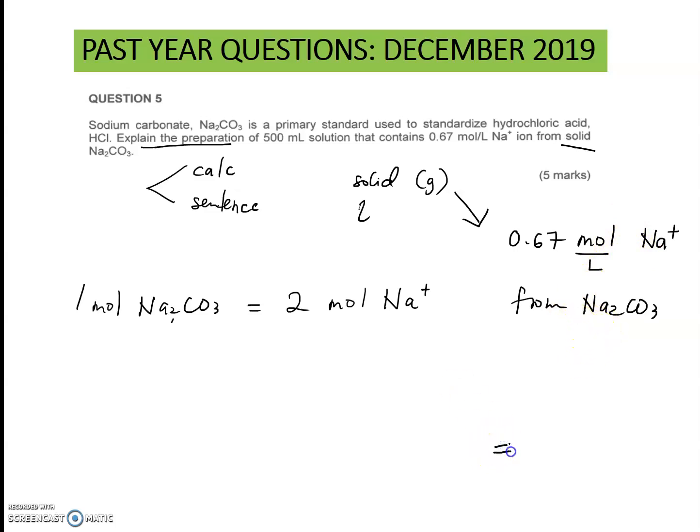So you try to do this question. The last answer is 17.76 gram sodium carbonate. The last answer must be gram of molecule.